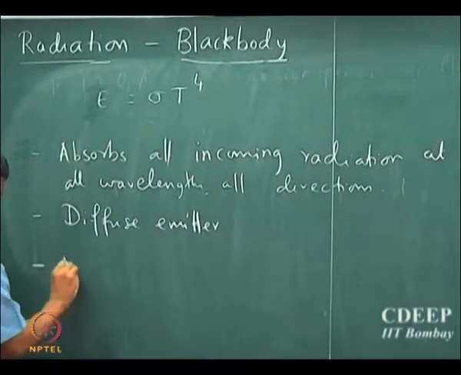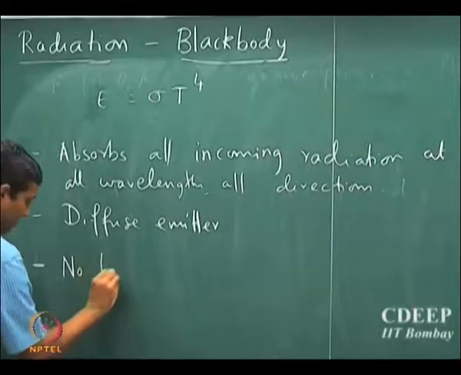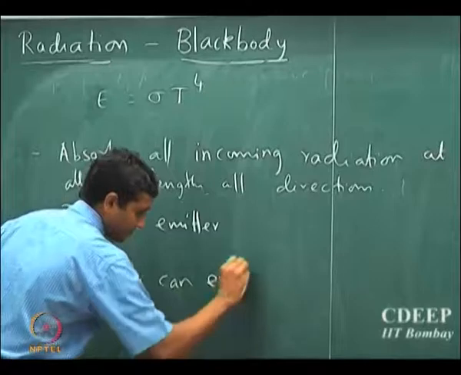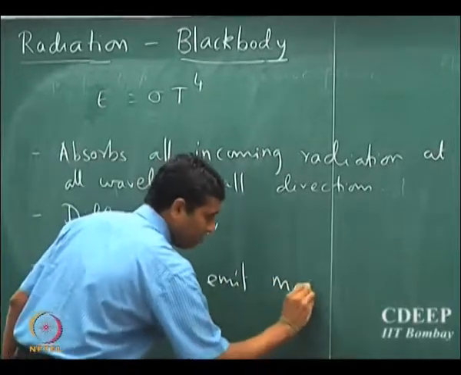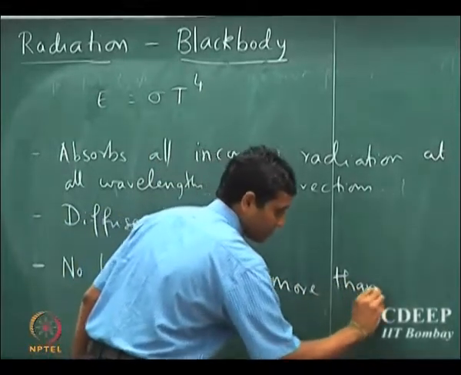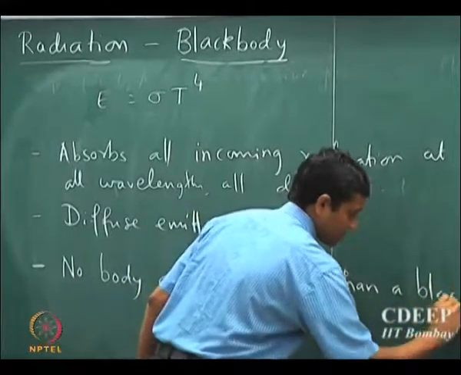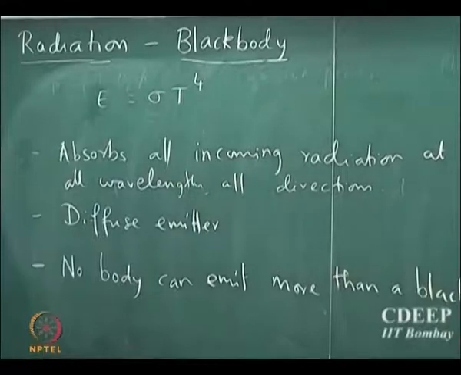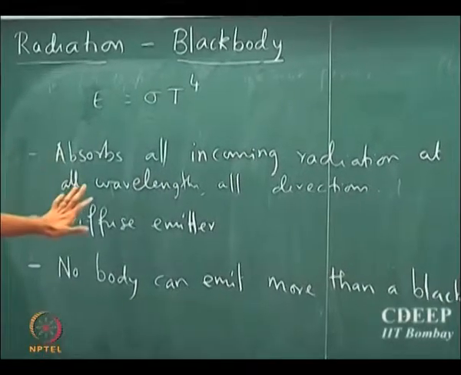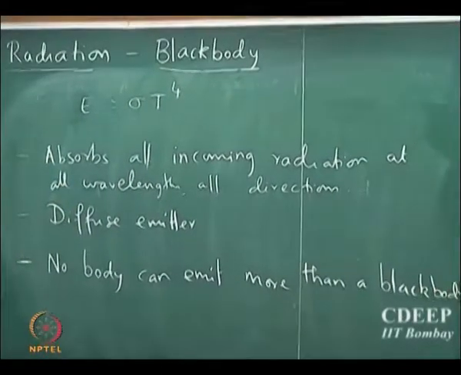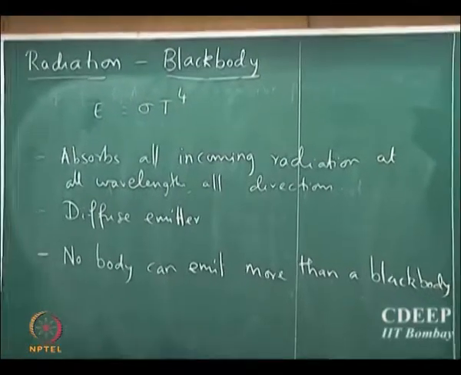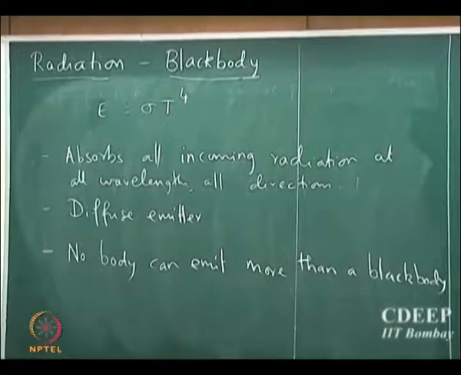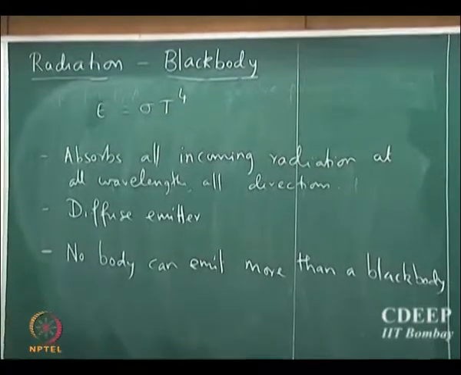No body can emit more than a blackbody. Again, it's an idealization. There are some experimental geometries that have been close to a blackbody, but it's not there yet. So it's just an idealization.